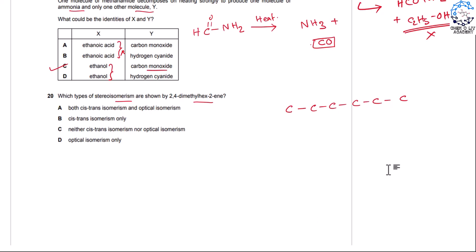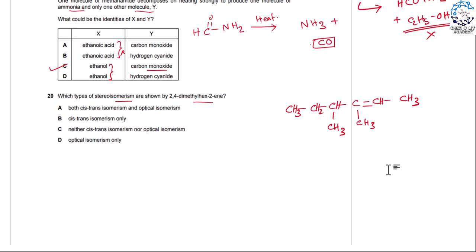At the 2 position there's a double bond and a methyl, and at the 4 position there's another methyl. Now for the rest of the bonds we put hydrogen, so we get the structure: here 1 H, here nothing, here 1 H and here CH3.